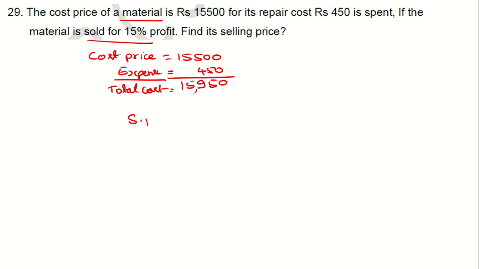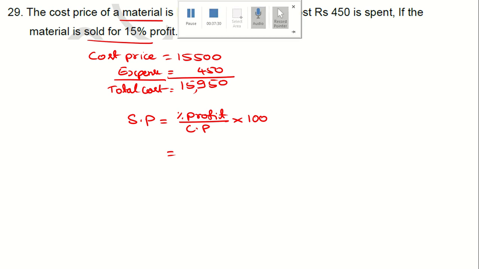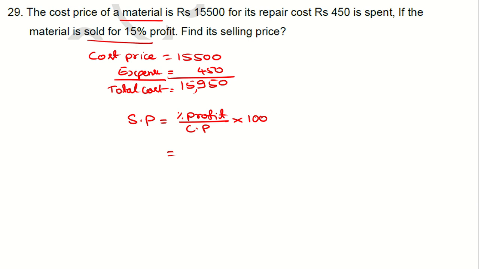That is, selling price is equal to percentage profit divided by cost price into 100. So students, the formula I wrote here is not correct, so I will remove this formula.